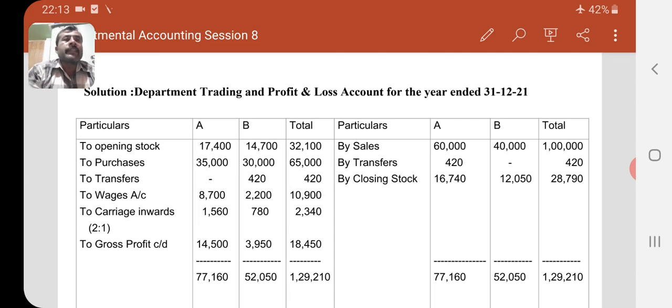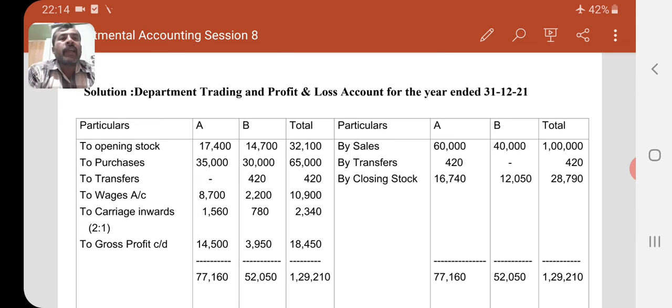And for the credit side, sales, which is given in the problem, that is 60,000 and 40,000. And transfers, which is provided in the additional information: from Department A to Department B, goods worth rupees 420 have been transferred.